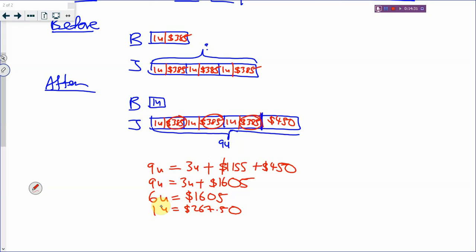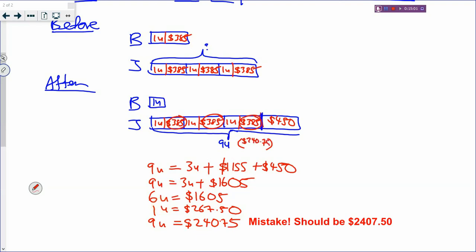Okay, then you are supposed to find how much Jenny has at first. Alright, you can find 9 units. You can find how much is 9 unit, then later you work backwards, also fine. So 9 unit will be 267.5 times 9, and Jenny has $2,407.50 in the end, and let's put down 2407.50, and you work backwards.